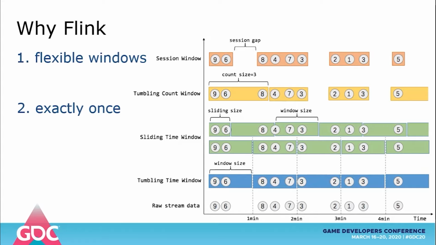Finally, in order to deal with possible service failures, we may need to recover to a specific time or data point. The checkpoint and savepoint mechanism provided by Flink can solve such problems very well.